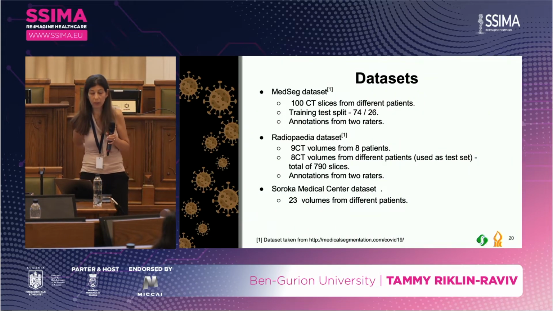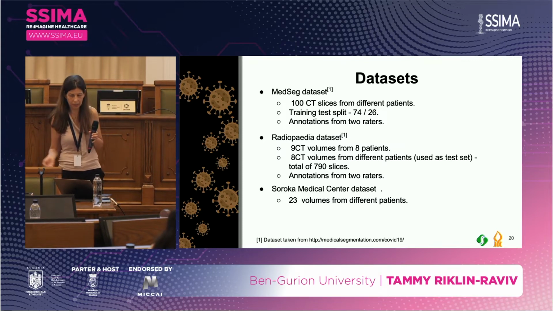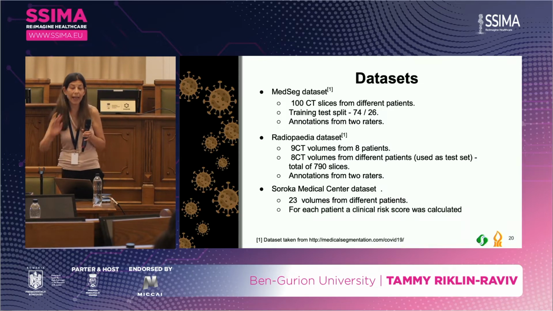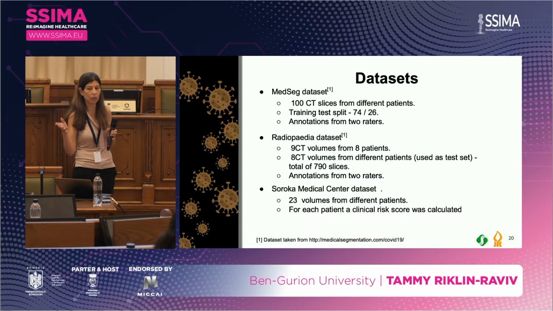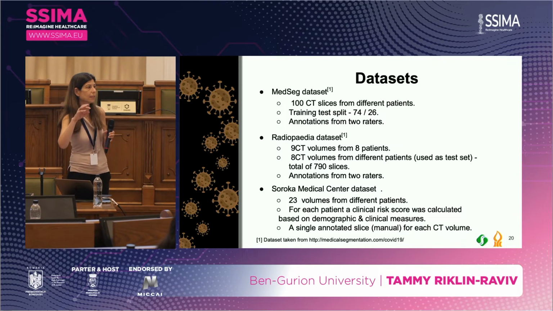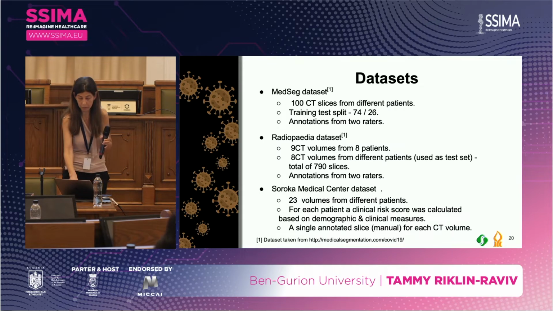So eventually we ended up with only 23 volumes, and this data is not neatly arranged as you may expect in challenges. For each patient, we have a clinical risk score that was calculated based on demographic and clinical measures. For this data set, we had only a single annotated slice for each volume.